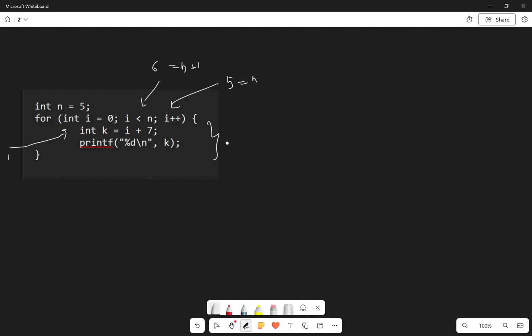The body got executed n times, which means this one got executed 2 times n, and this one got executed n times. All right. So I can write it like this. Fn is equal to 1 plus this one. 1 plus over here I have n plus 1. Then this n. Then within body I have 2n plus n.